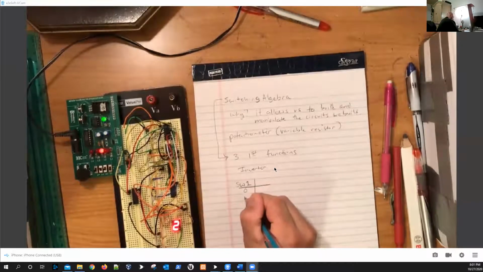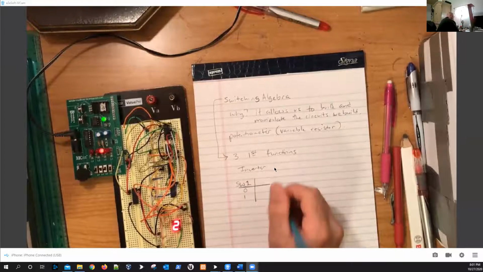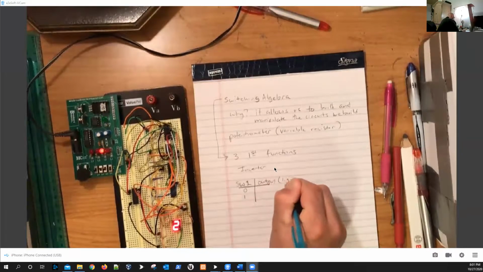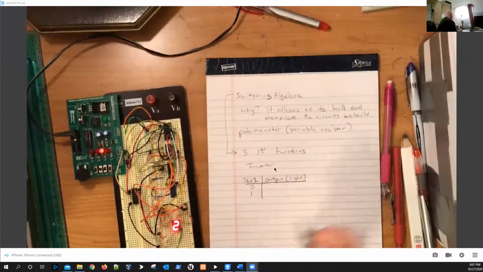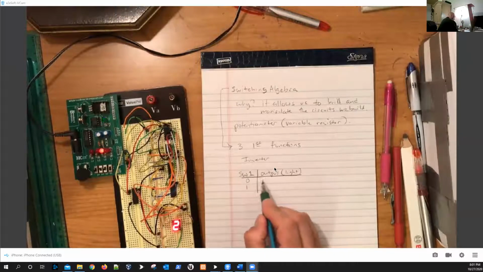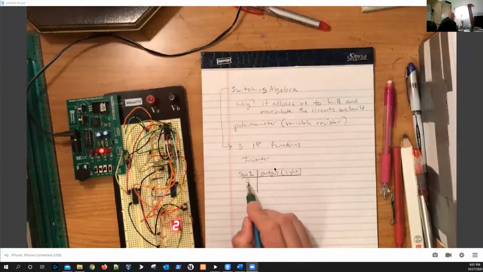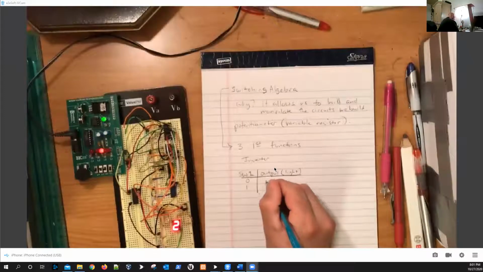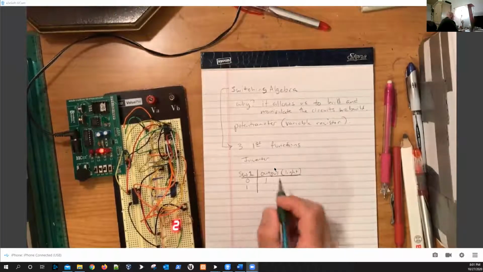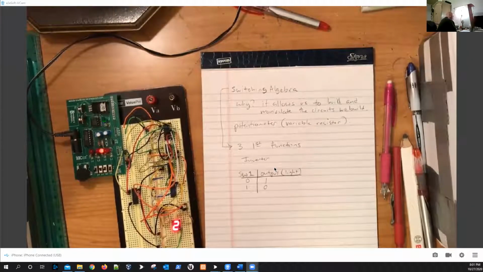So if I have a switch and I want to look at how the inverter works, if the switch is off, the output from the inverter is on, and vice versa. 1 goes to 0. I happen to have an inverter right here that I've plugged up, and I actually use switch 2 for it and light 2.